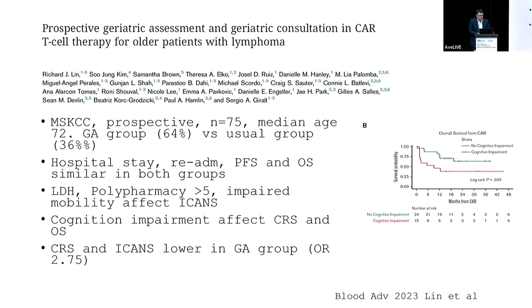However, they identified that polypharmacy of more than 5 drugs and impaired mobility can affect ICANS, and cognitive impairment affected both CRS and overall survival. Interestingly, CRS and ICANS were much lower in the geriatric assessment group, indicating that after geriatric assessment, maybe something was done to improve the domains with deficits, resulting in reduced CRS and ICANS risks.